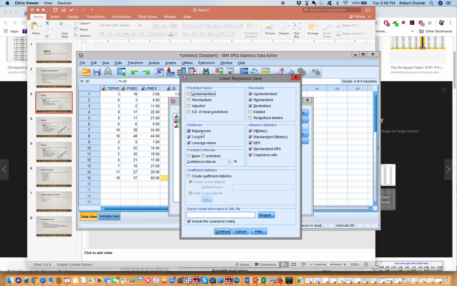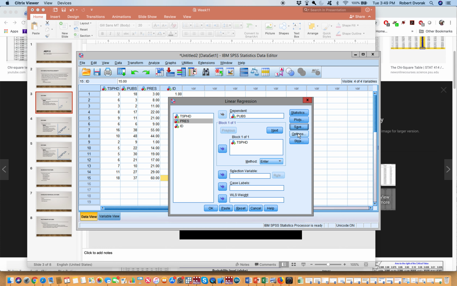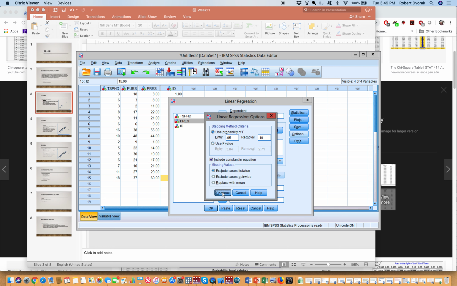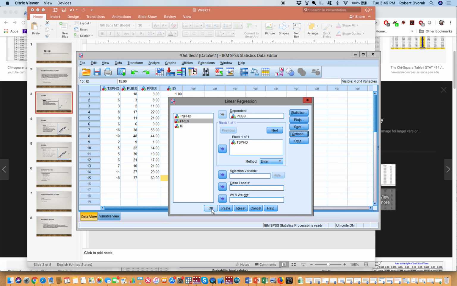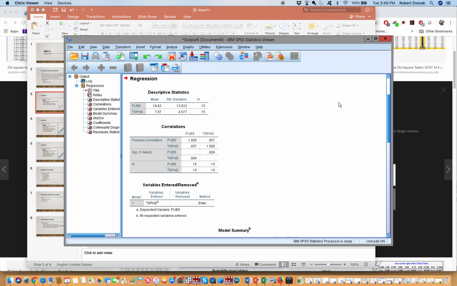We'll save Mahalanobis distance, Cook's, and leverage values. That's what we're talking about right now is leverage. We'll grab some residuals, and then we're going to get influence statistics. We're not going to use these right now, but we're going to come back and compare these after we've run a couple of models. Options, that looks good. Let's analyze that.